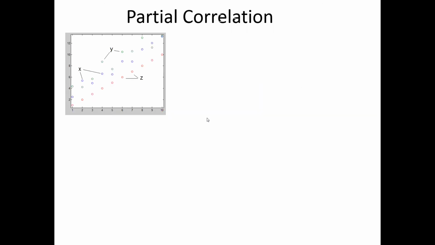Let's say here we have three different measurements. Z is the temperature outside, X is the temperature in one room, and Y is the temperature in another room. So those are three temperature measurements: outside, in one room, and in the other room, across different days. On one day it is cold, and let's say the temperature outside is nicely linearly increasing up to the warmest day.